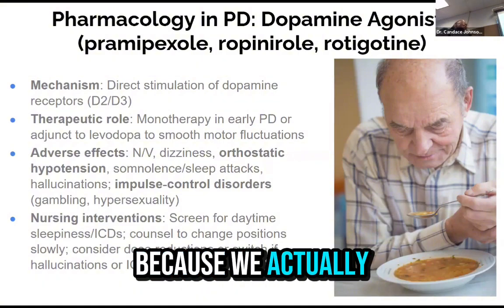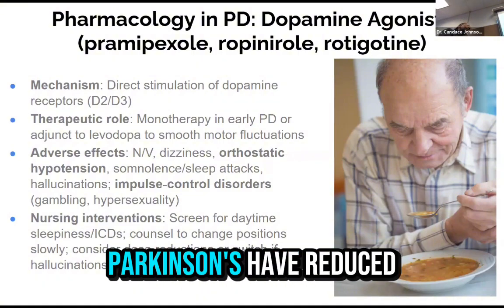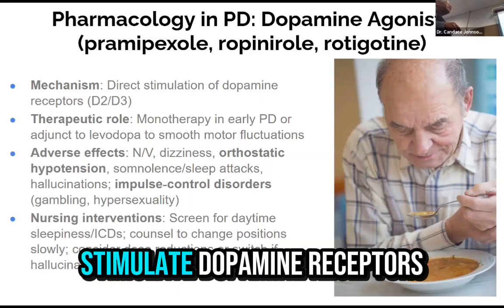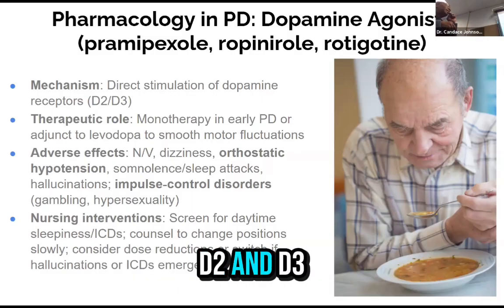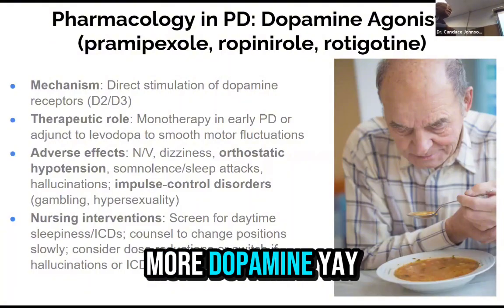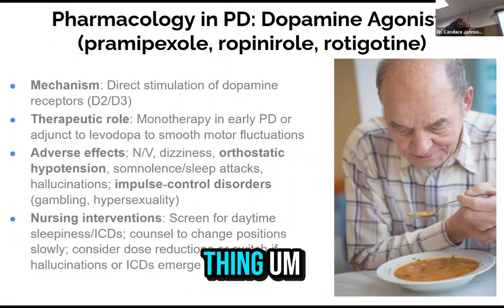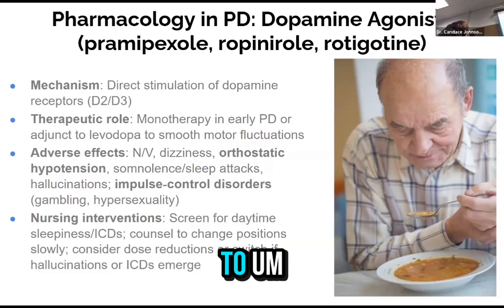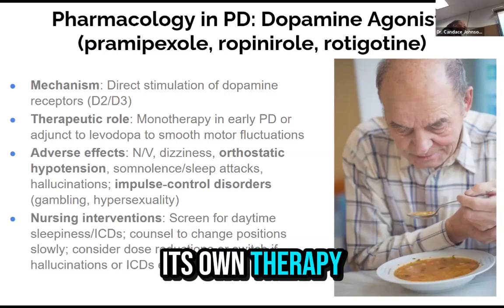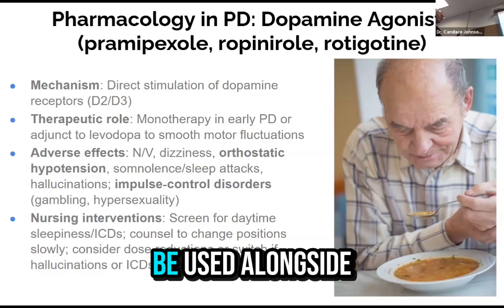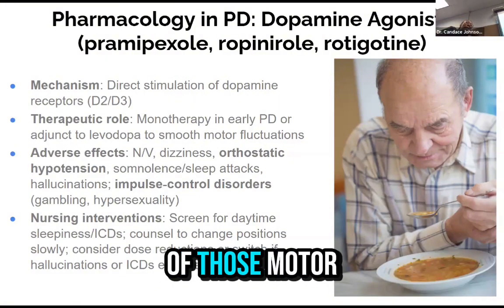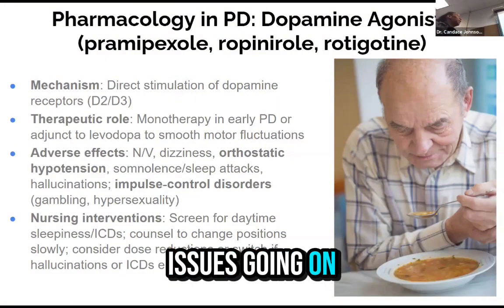Because we actually need more dopamine because people with Parkinson's have reduced dopamine, right? So what do we do? We stimulate dopamine receptors D2 and D3, and that produces more dopamine. Yay, right? That's a good thing. So it's used in early Parkinson's as its own therapy, or it can be used alongside levodopa to smooth out some of those motor issues going on with the patient.